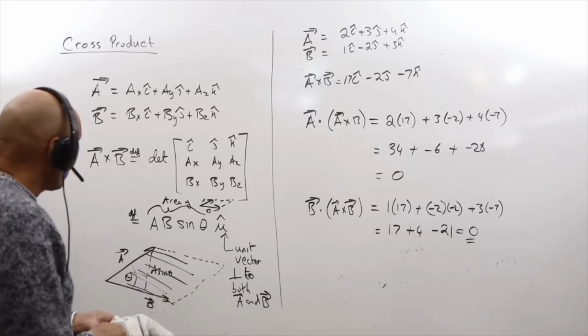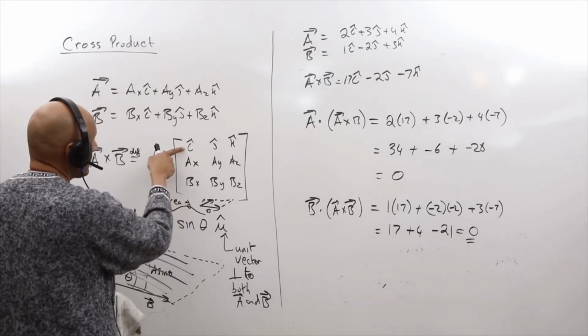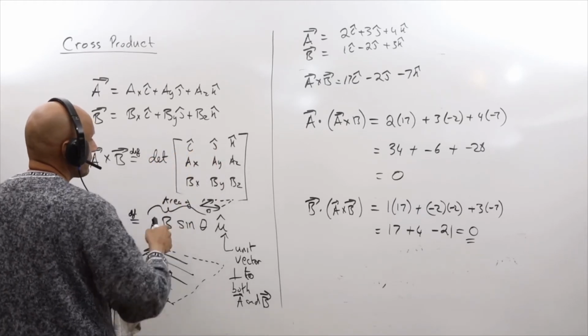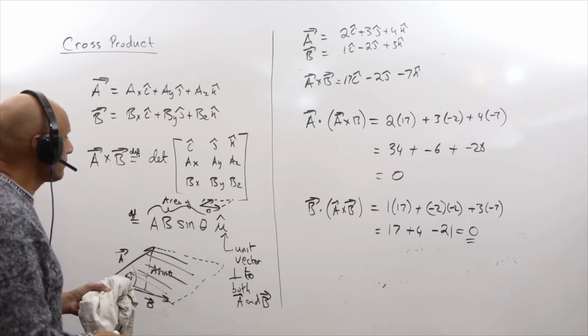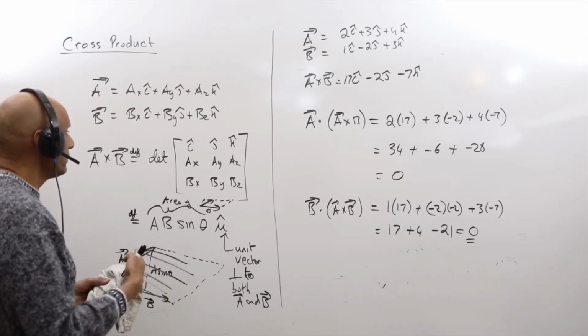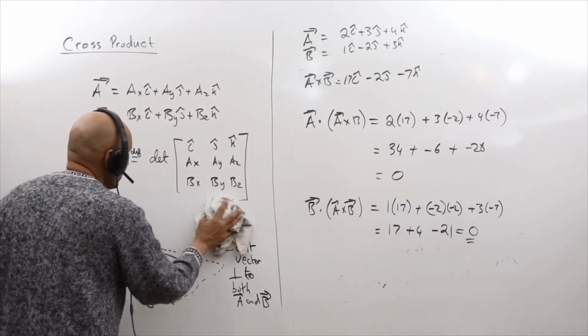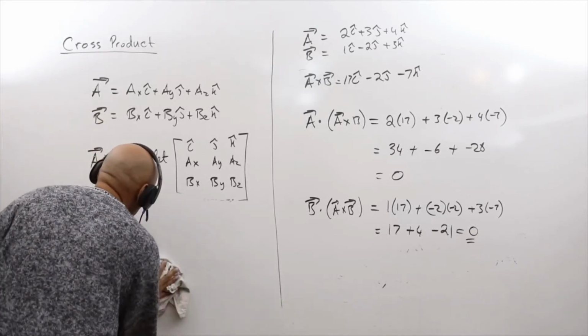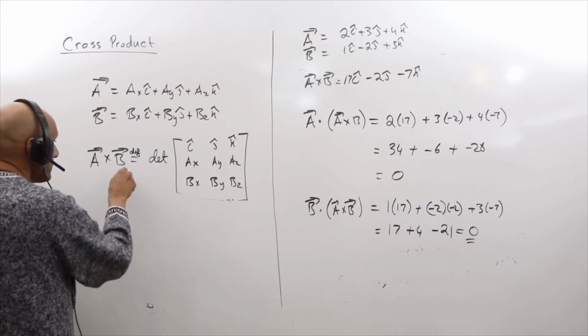Now, I put this as a definition of determinants. A lot of textbooks expand in terms of i, j, and k. I want to make sure you understand how to use determinants, because in some calculations, if you can calculate a determinant very quickly, then you should use that procedure. Let me write the definition of the determinant.